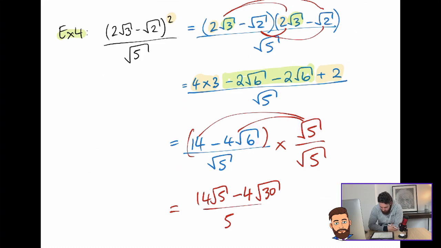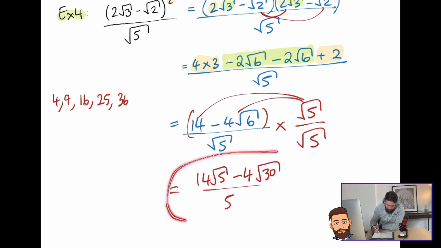Can we simplify root 30? We should ask ourselves, does any square number go into it? And again, a good exam tip would be to write square numbers out: 4, 9, 16, 25, 36. We don't need to go any more because we're only looking at 30. Well, do any of those square numbers go into 30? 4 does.